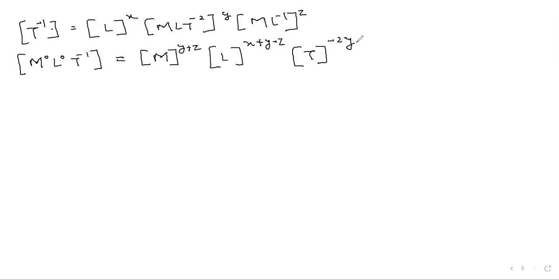This is M to the power y, M to the power z, L to the power x, L to the power y, L to the power minus z, and T to the power minus 2y. Am I clear? Got it? Everyone is comfortable in this?